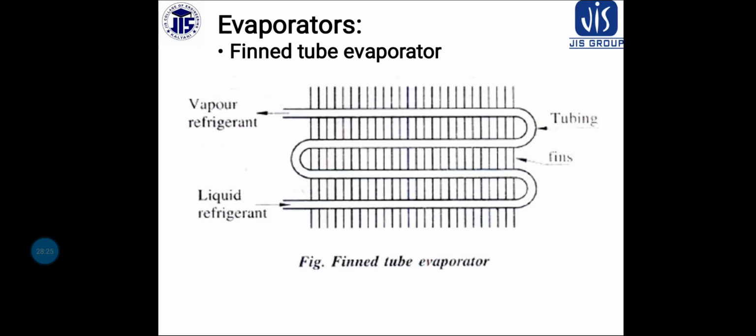Okay, the fin tube evaporators are best suited for window type air conditioners and other cooling applications where temperature is maintained above 1 degree centigrade. For such an application, the capacity of the evaporator is further increased by adding a fan to the fin evaporator. Okay, so this is all about the fin tube evaporator.